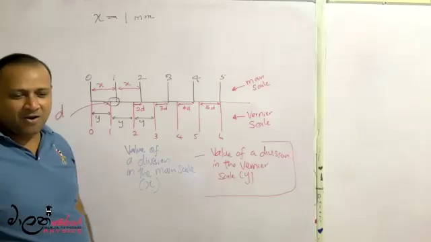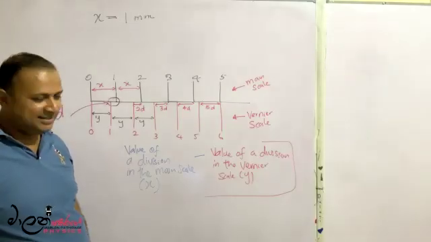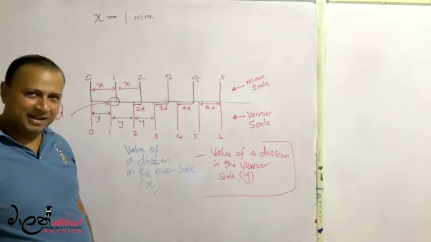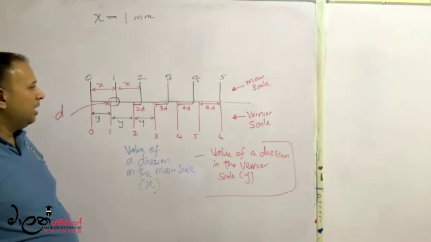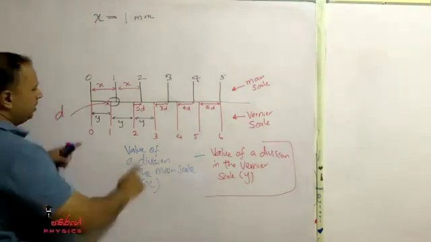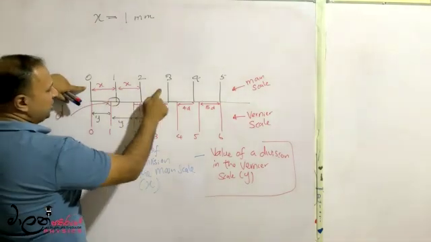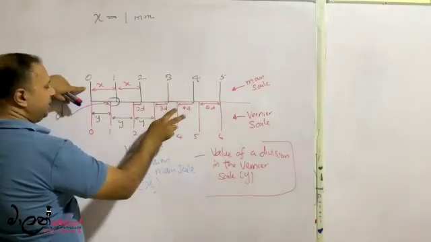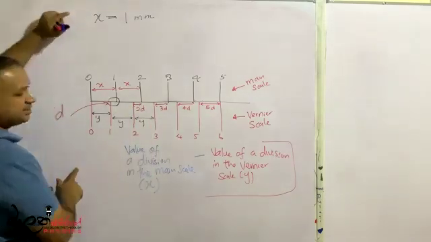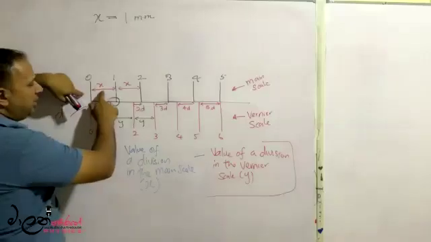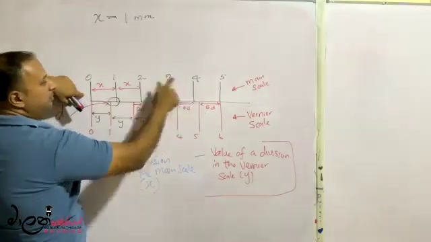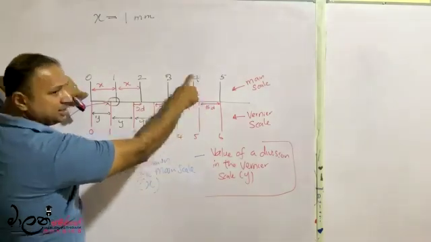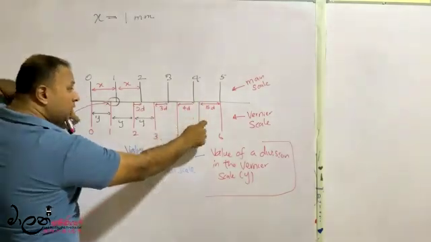Look at this one. Now you know 5 divisions in the main scale is divided into 6 divisions in the vernier scale. 5 divisions means 5 millimeter, no? 5 millimeter is divided into 6 equal divisions.